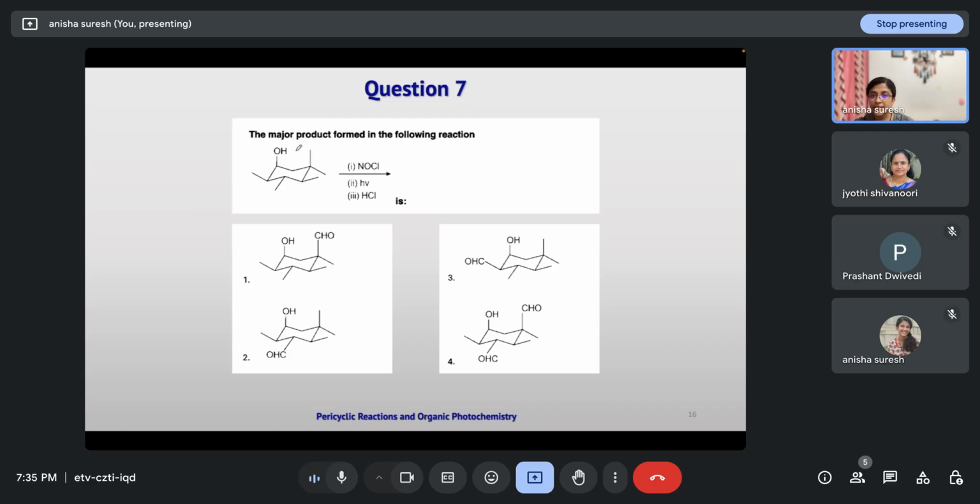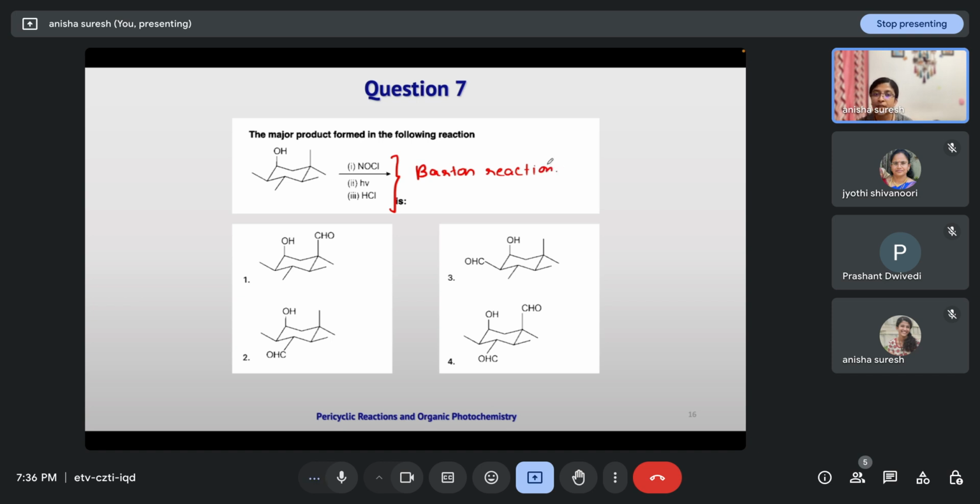In the first condition, OH upon reacting with NOCl will form ONO, right? So by seeing this, which will be the reaction taking place here? These conditions correspond to that of the Barton reaction.